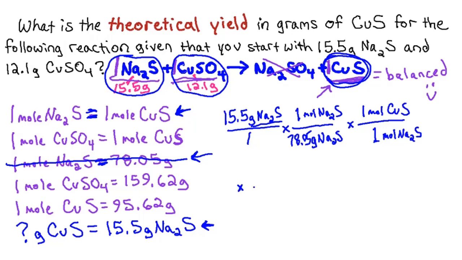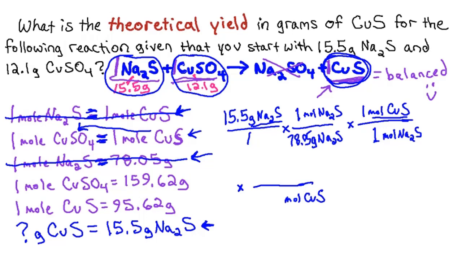And then I ran out of room, so I'm going to go down here. And then another multiplication sign and another fraction bar. Now, whatever we put on the top of the fraction that we just wrote, which is moles of CuS, we're going to put on the bottom of this new fraction, moles of CuS. And we're going to look for where another mole of CuS is mentioned in the data table. Now up here on the second row, we have moles of CuS, but that has to do with CuSO4.